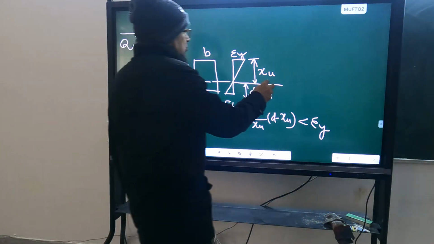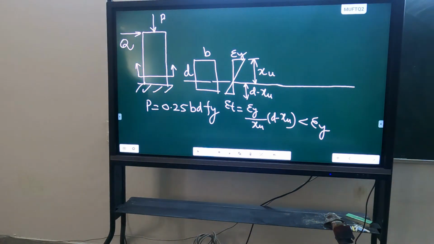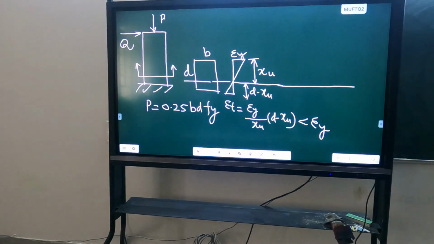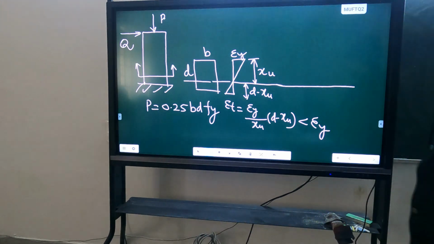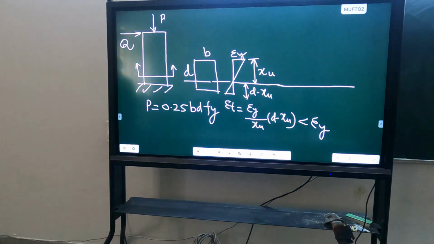Can you now plot the stress diagram? How will the stress diagram look?